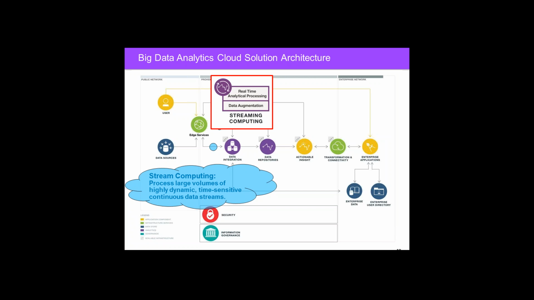The data augmentation capability speaks to the ability to interface with enrichment data or lookup data that can be used to augment the analytics being run by the real-time engine. This typically requires a very fast, low-latency database. In the financial industry example, end users such as you and I are not going to be terribly happy if we have to wait several minutes, or more than a few seconds, for our transactions to go through.